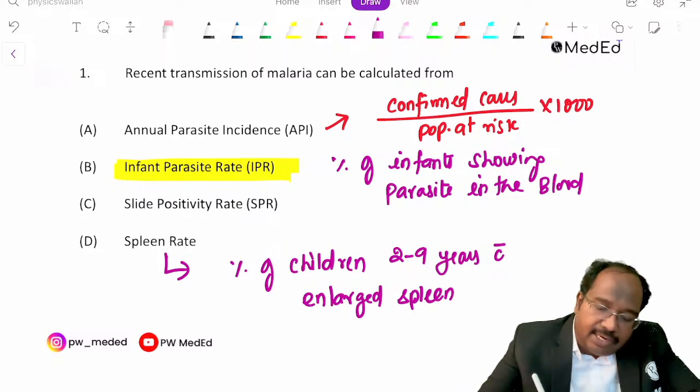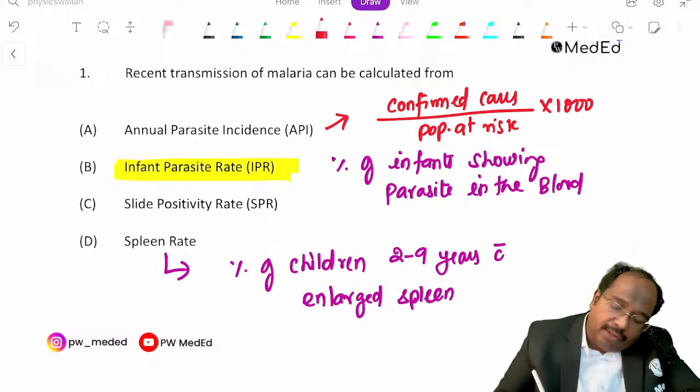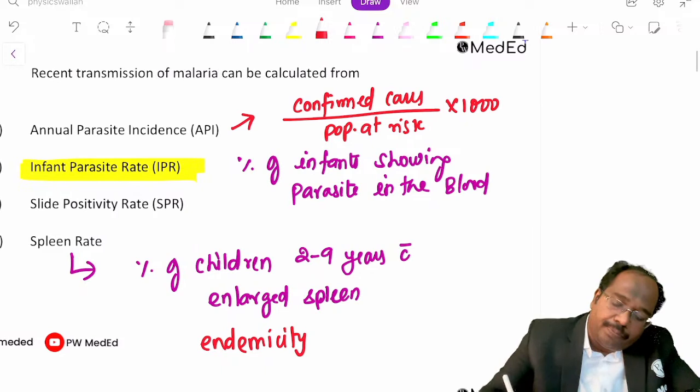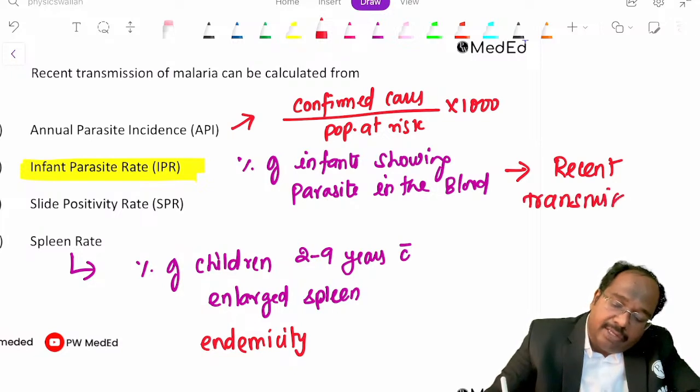This indicates endemicity. Spleen rate indicates endemicity, and infant parasite rate indicates recent transmission of malaria. So that was the question.